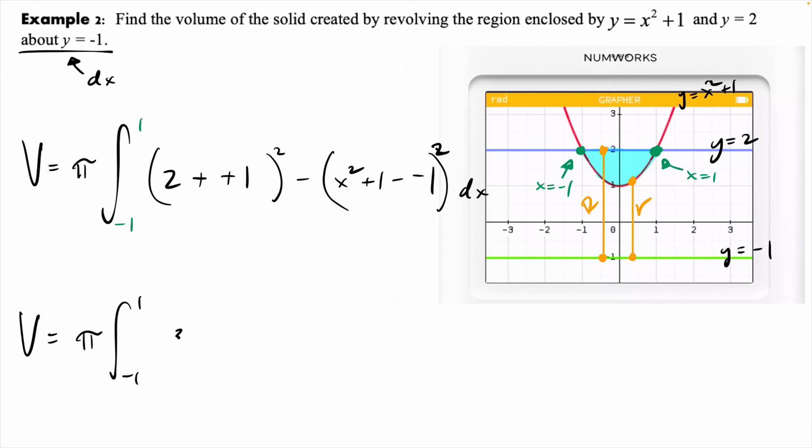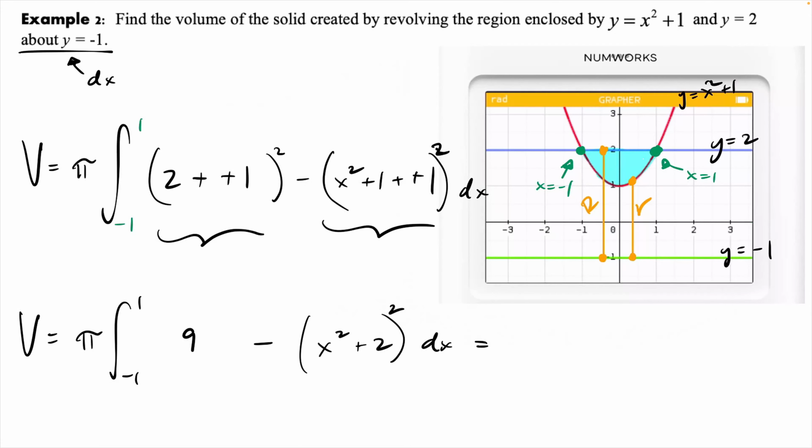So we get 3 squared, which is 9, minus, over here we get plus plus, so it's x squared plus 2, quantity squared. Okay? That's as far as you need to go. Let the calculator do the rest on that one.